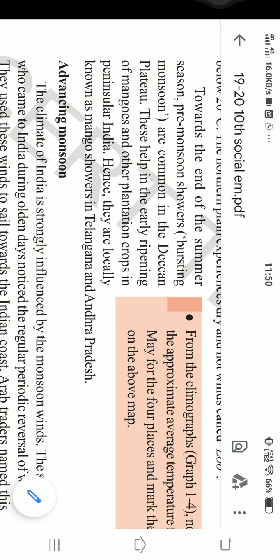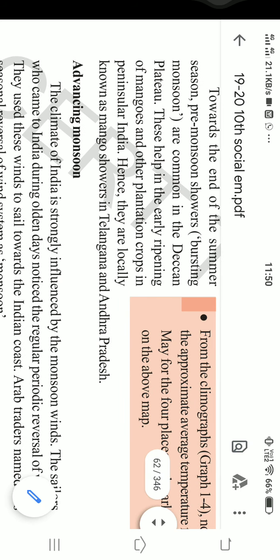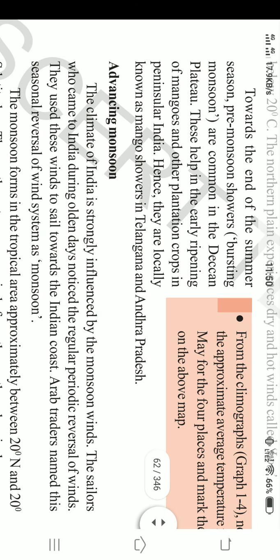Those are common in the Deccan Plateau where Telangana lies. These pre-monsoon showers help the early ripening of mangoes and other plantation crops, so they are called mango showers.